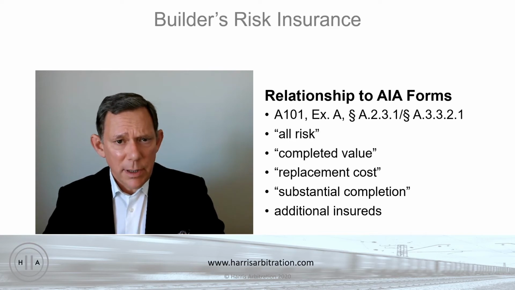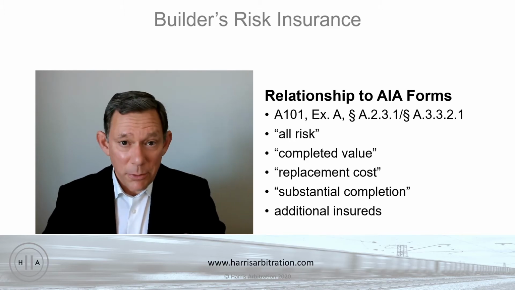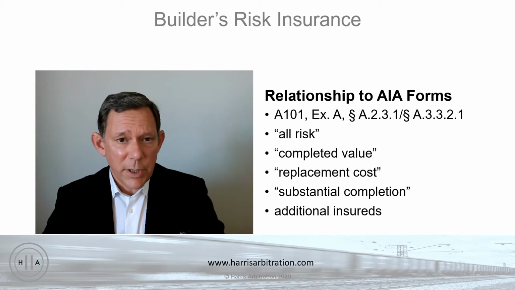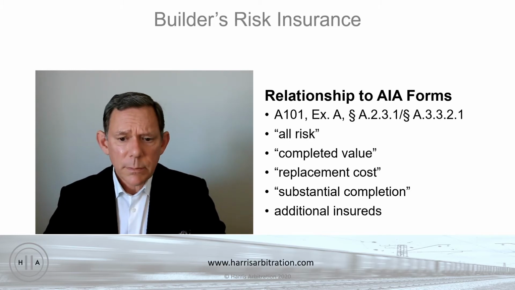And the difference there is just that the all risk basis says that the policy covers all risks unless they're specifically excluded, as opposed to a named peril policy, which covers only specific types of risks, or perils that may come to pass that might result in property damage. So an all risk policy is broader in its coverage than a named peril policy.